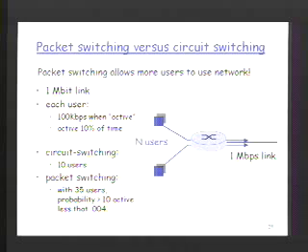Now, there are 2 kinds of packet switched networks. One is a datagram network, and second is a virtual circuit.